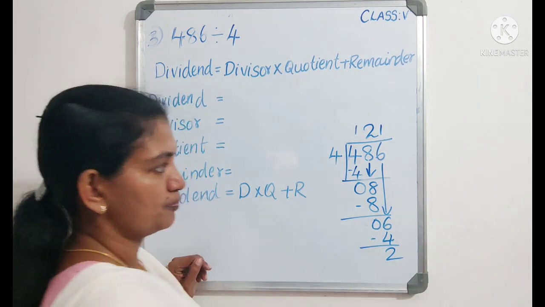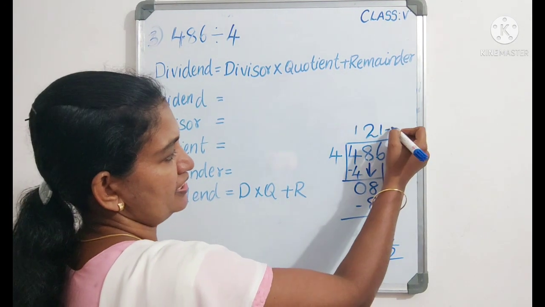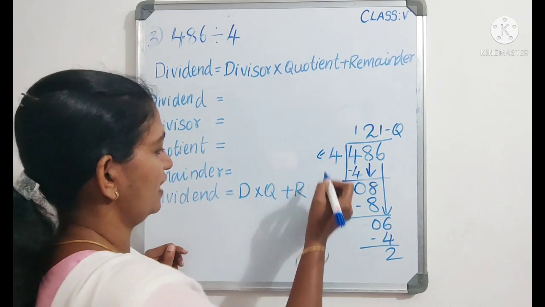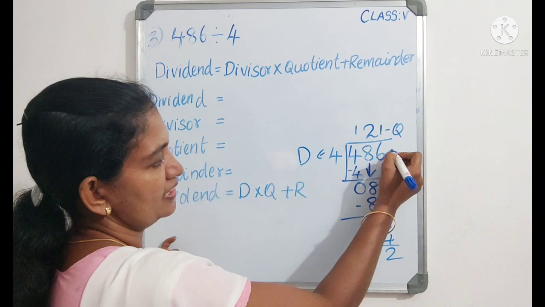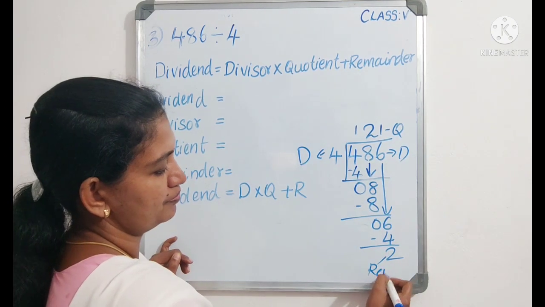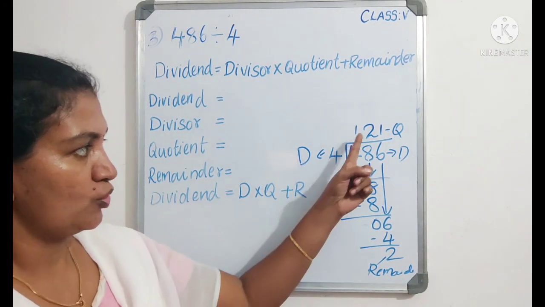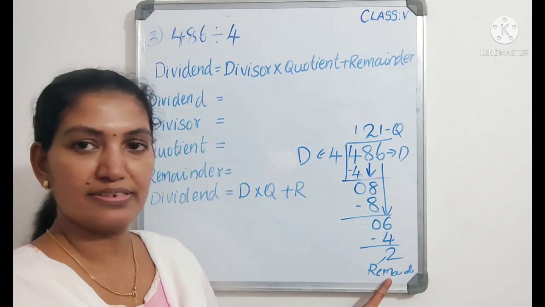Subtract, 2. Now we got the quotient, that is 121. This is the divisor, this is the dividend, and this is the remainder. Understood all of you?